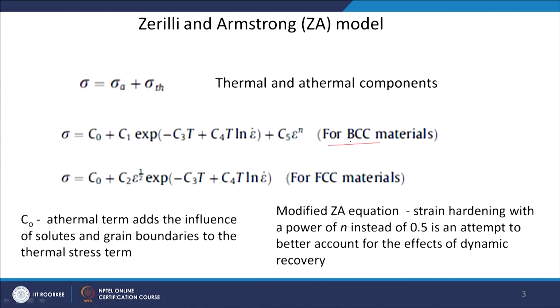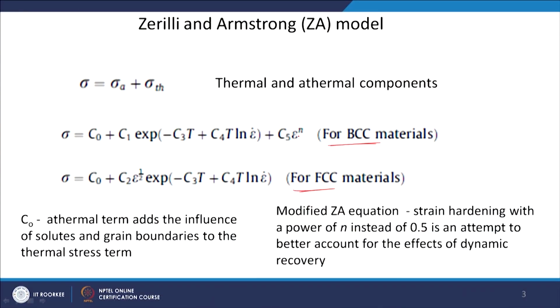You can see the two equations shown here, one for BCC material and another one for FCC material. As we promised in the first lecture of constitutive equations, you will have more constants when you are dealing with physical models. You can see here the number of constants has increased.